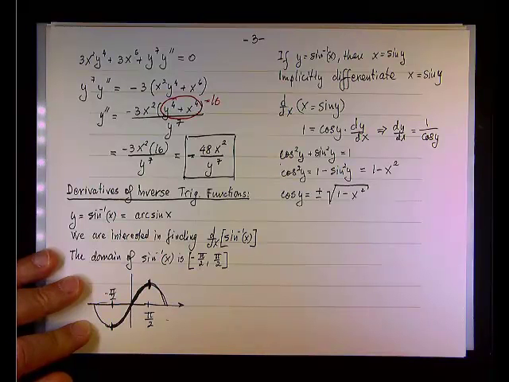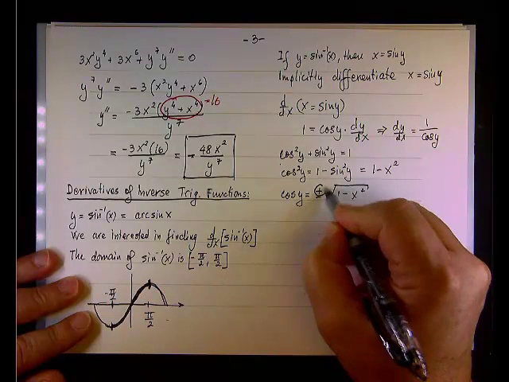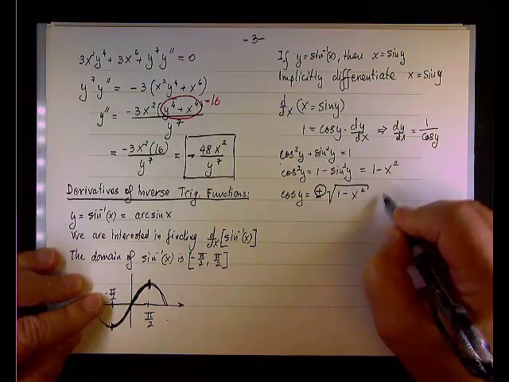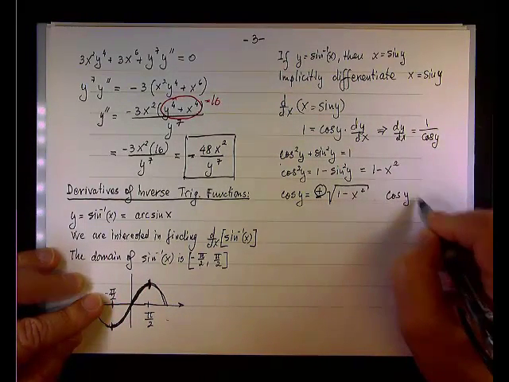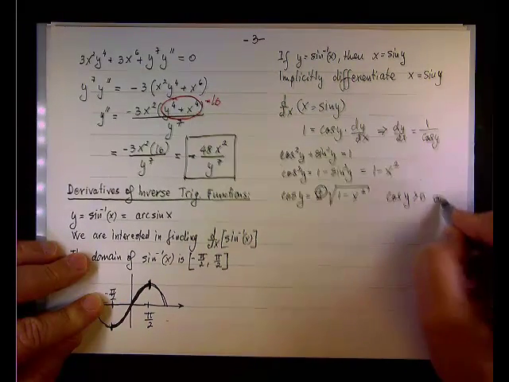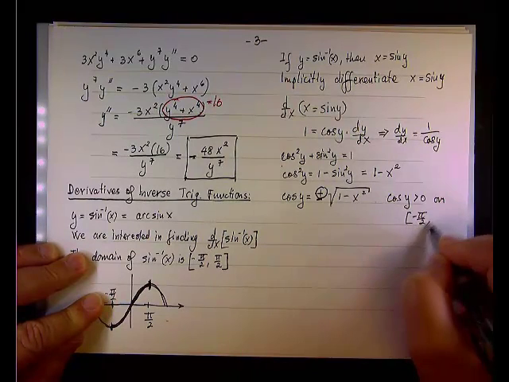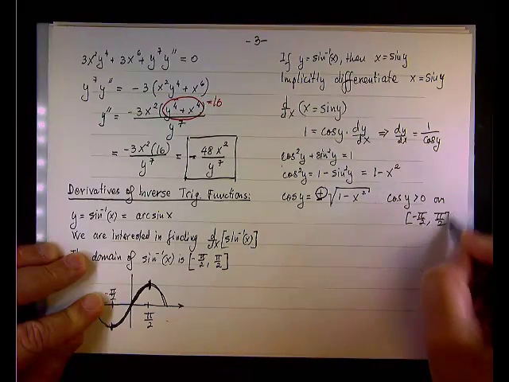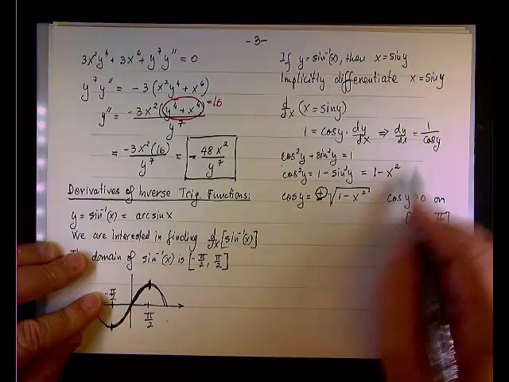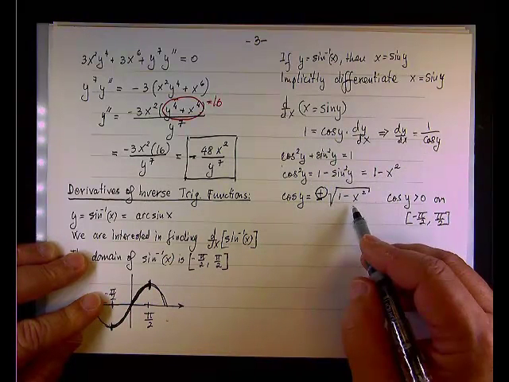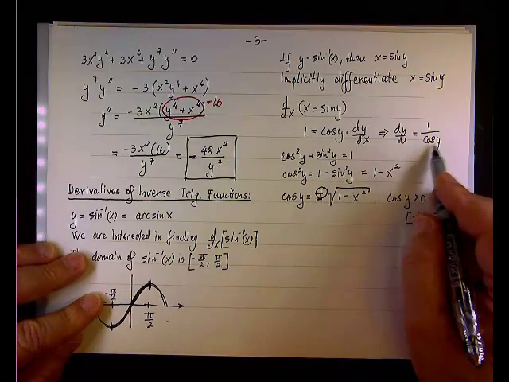We are talking about the first and the fourth quadrant. On these quadrants, the cosine cannot be negative. So we pick only the positive. Again, cosine y is positive on negative pi over 2 to pi over 2.